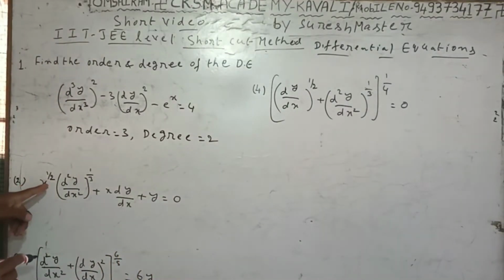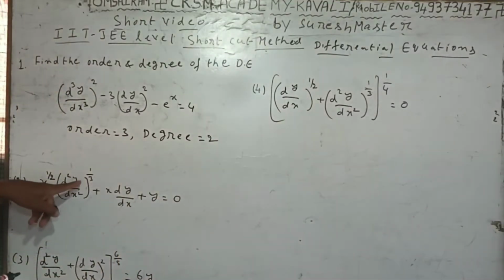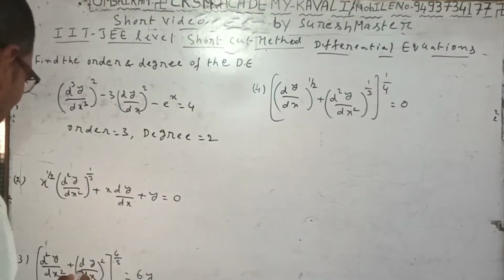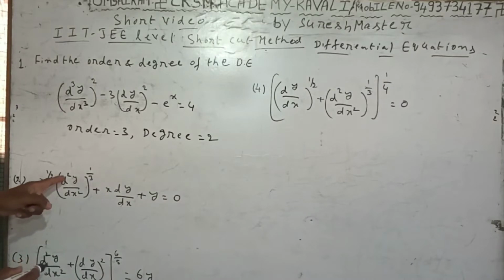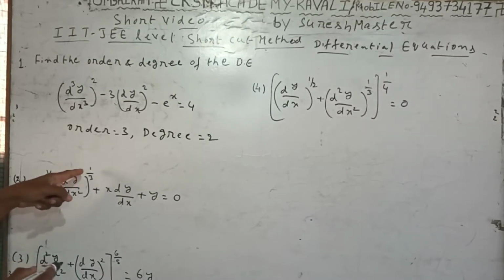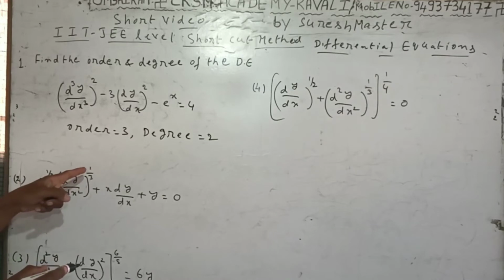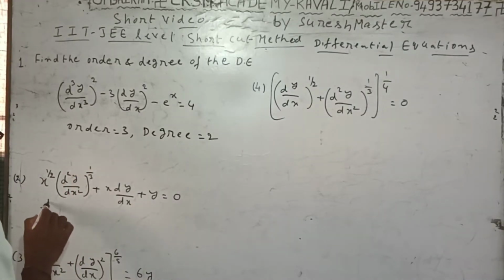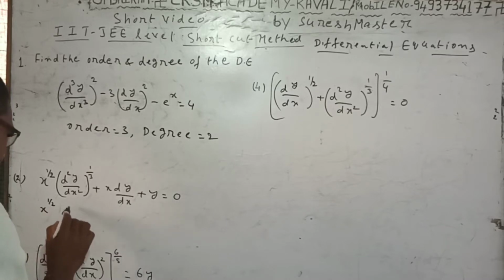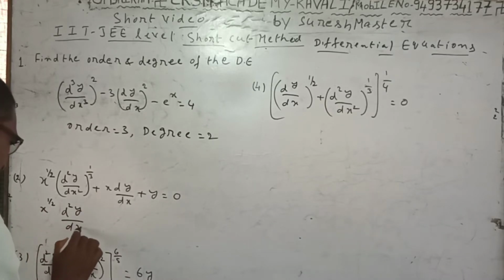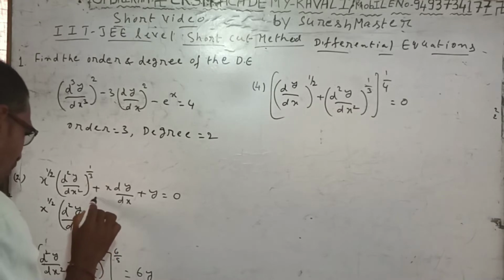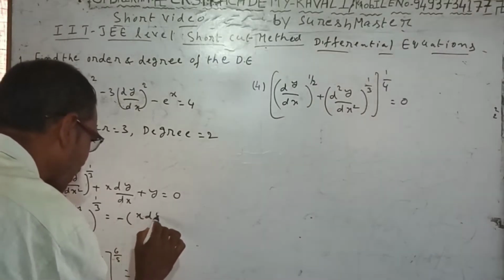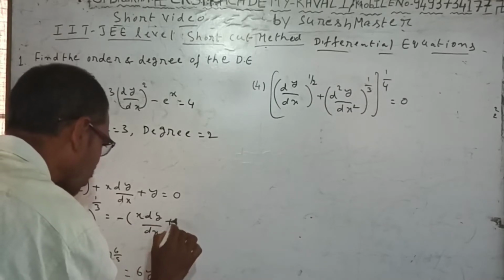Next we go to another problem. x power 1 by 2 (d square y by dx square) power 1 by 3 plus x dy by dx plus y equal to 0. Here the order is 2, but the exponent is in fractional form. It should be in integral form, that is correct. So we have x power 1 by 2 (d square y by dx square) whole power 1 by 3 equal to minus of (x dy by dx plus y).